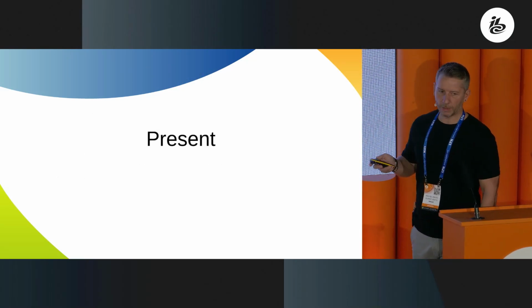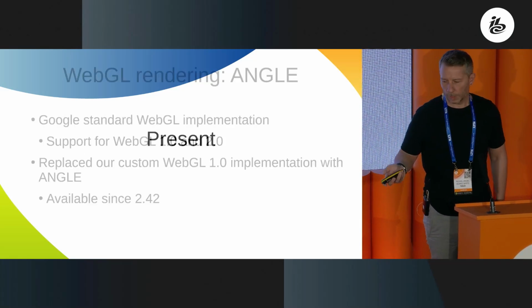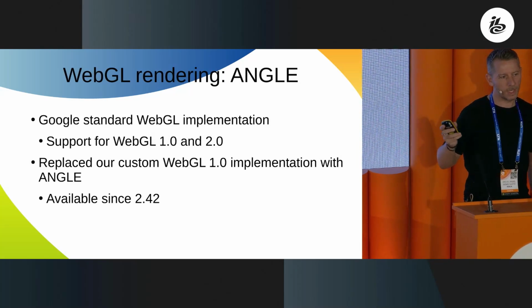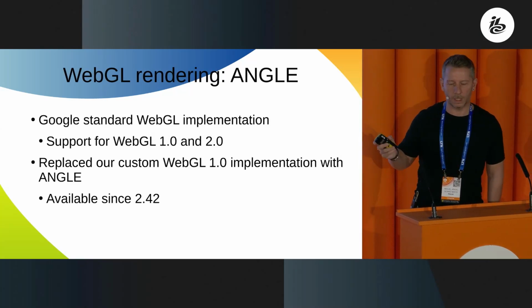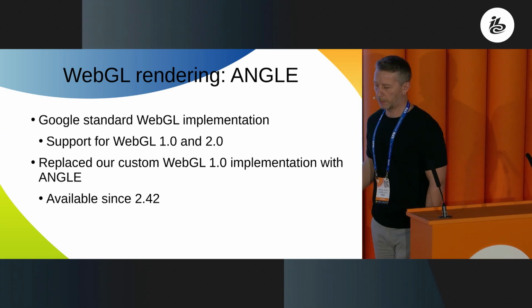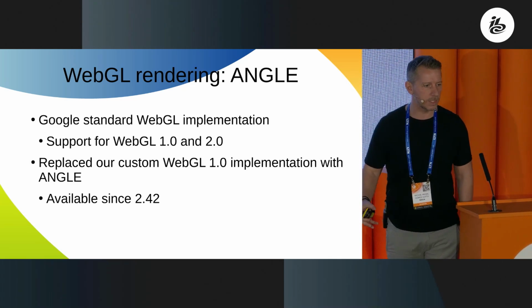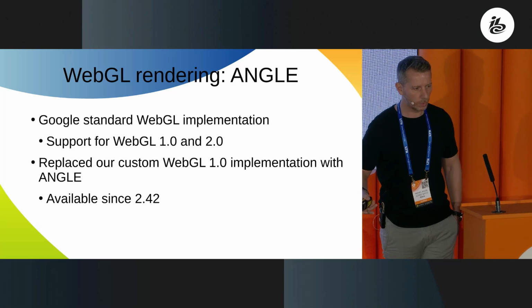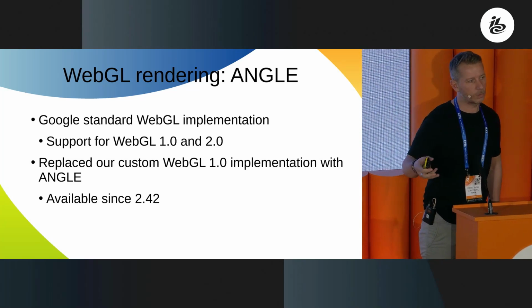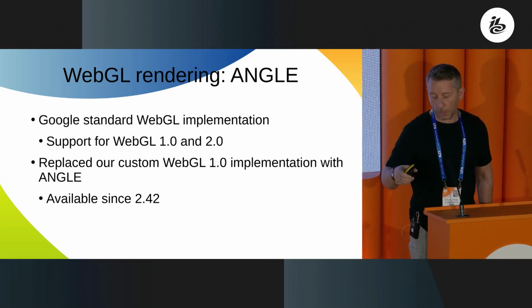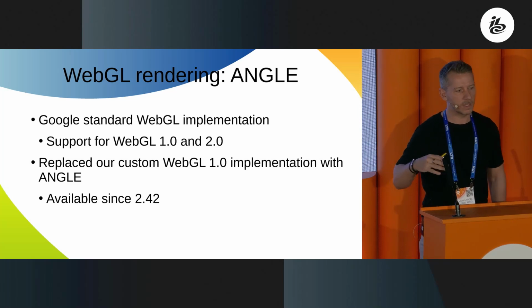So what have we done so far? First, regarding the WebGL implementation, there is this software library developed by Google, which is called Angle. Angle is a generic WebGL 1 and 2 implementation. Wherever you put it, it will allow you to run that content as long as the libraries underneath allow it.